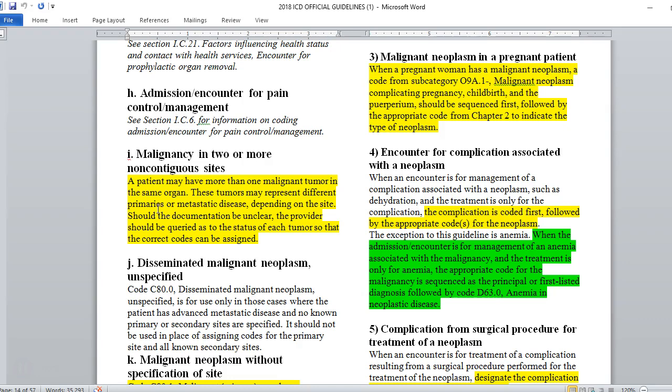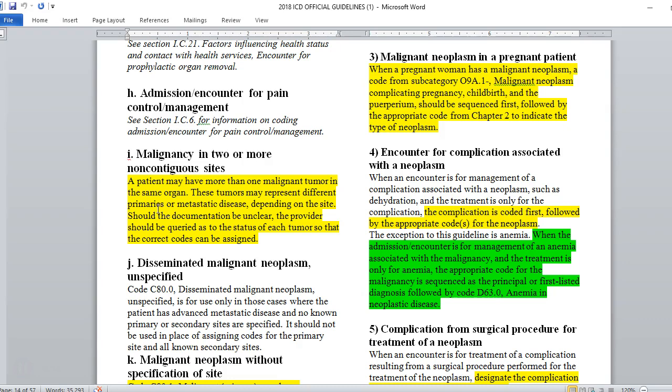Well, when you get to the Chapter 15 guidelines, one of the first things that the pregnancy, childbirth, and the puerperium guidelines tell you is if a woman is pregnant, pregnancy codes always go first. They get what we call sequencing priority. So in this case, the O9A.1 is going to go first, followed by the type of neoplasm that the woman has, and then anything else that is going on.